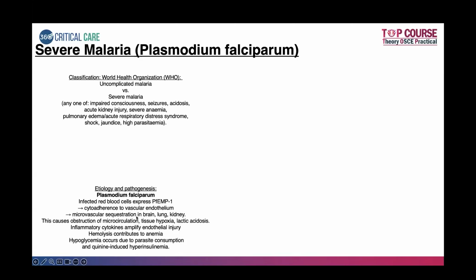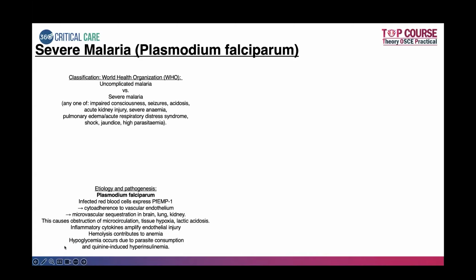Further, because of this inflammation occurring, there is release of cytokines which amplify this endothelial injury, and subsequent hemolysis occurs. This hemolysis contributes to anemia, and hypoglycemia occurs due to the parasite consumption, and if patients are initiated on quinine, that causes hyperinsulinemia and that can lead to hypoglycemia. So this is the simplified version of pathogenesis.